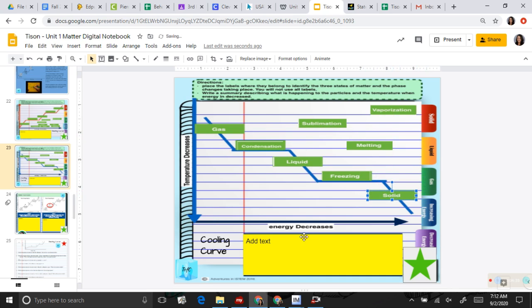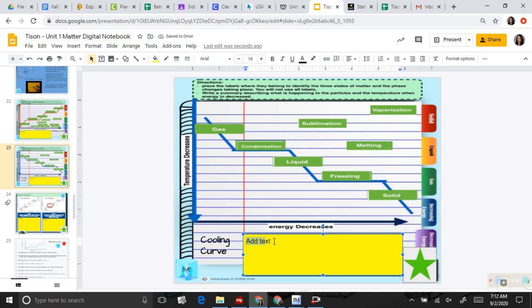So you aren't going to use all these words, but if I needed to, and I wanted to add my text here to tell what was happening during the cooling phase, I could say that as temperature decreases and energy decreases, a substance goes from a gas to a liquid via condensation.